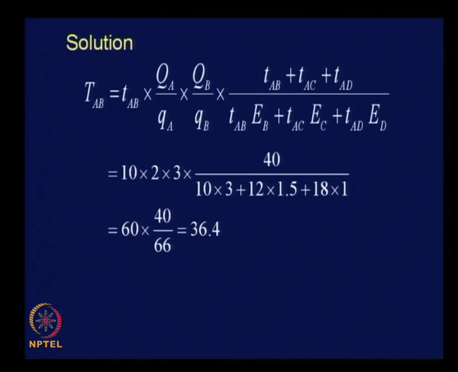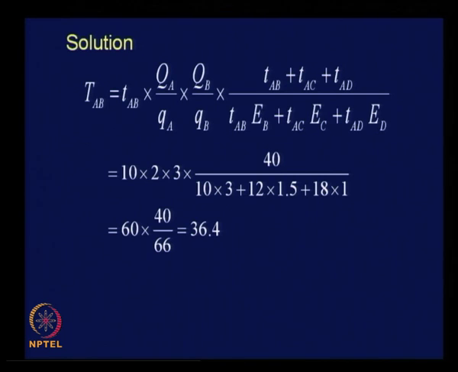And so, you can substitute the values: 10 into 2 into 3 whole divided by 40, which is directly available from the matrix, so row sum divided by the corresponding values multiplied by the respective growth factors, and the T_AB value for the horizon year condition is 36.4.